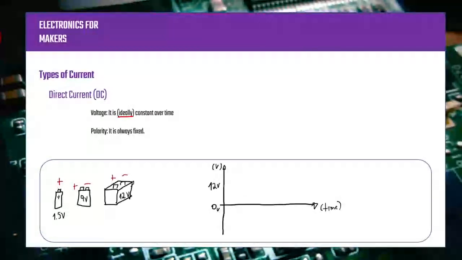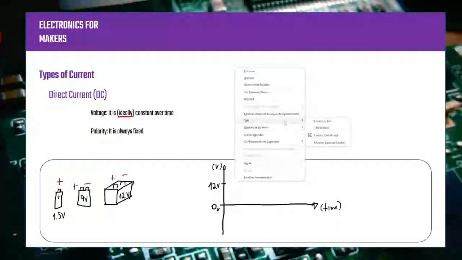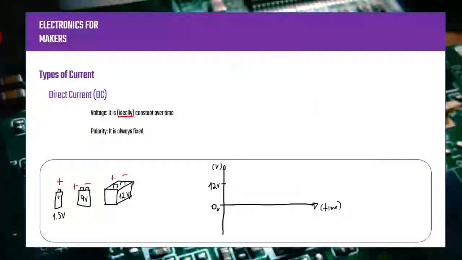Let's say this is 12. We'll see basically a line, not much to it, because as we can see from the first definition, the voltage is constant over time, so it's basically a straight line. It never goes down, never goes up.